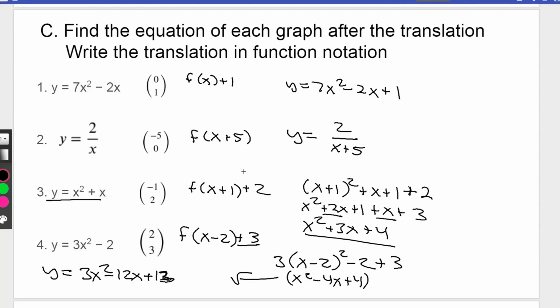This equation is going to be what after we've done this to it? All right, let's take a look next.